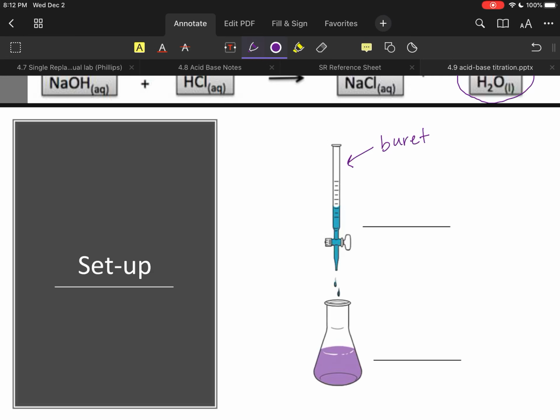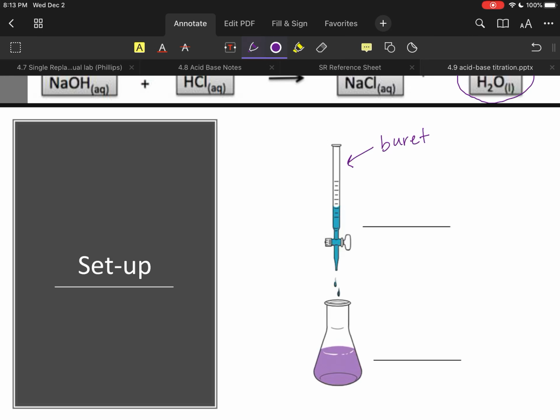The purpose of a burette is that it can drop things like acid or a base in a dropwise fashion. So we can add to our unknown substance down in the bottom, our solution, in this dropwise fashion.